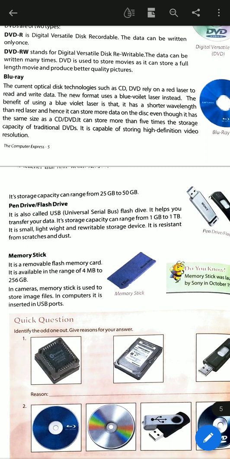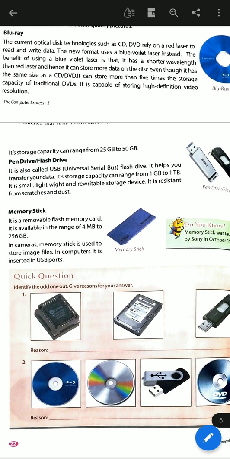Next, memory stick. It is a removable flash memory card, a type of memory card which you can remove also. It is available in the range of 4 MB to 256 GB.